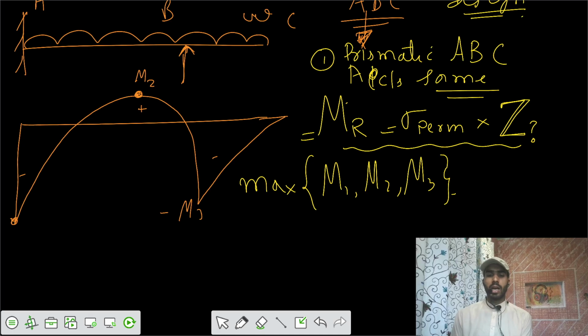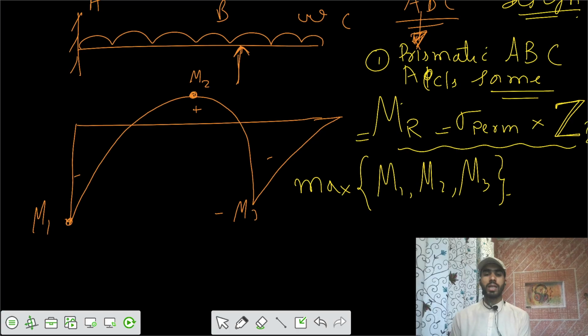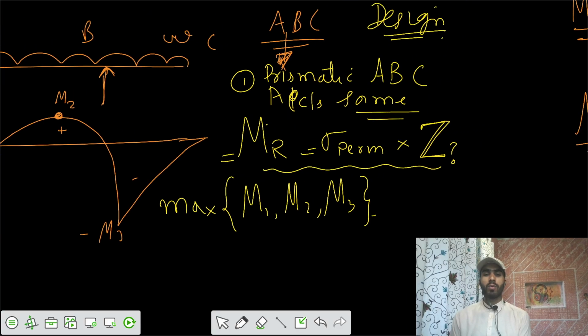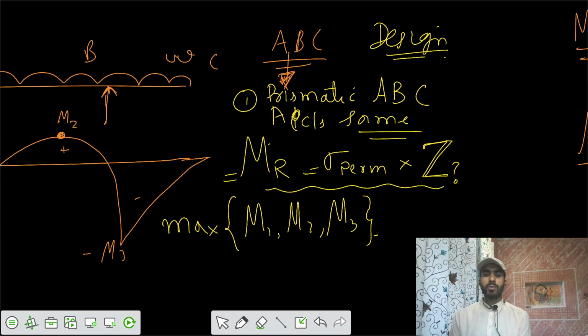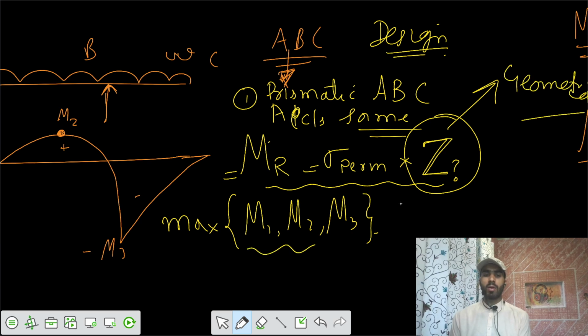Out of the external bending moments you applied, whichever has the maximum value should be resisted by the section. So for the section to be safe, you should have a section modulus, some geometrical property of the section, such that it can balance the maximum out of these three.